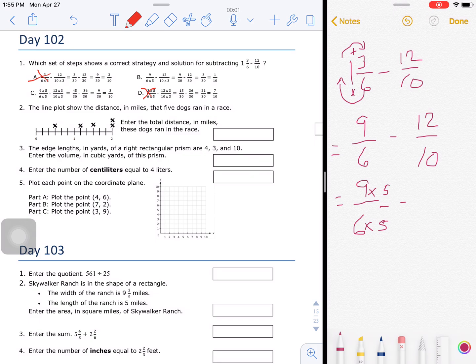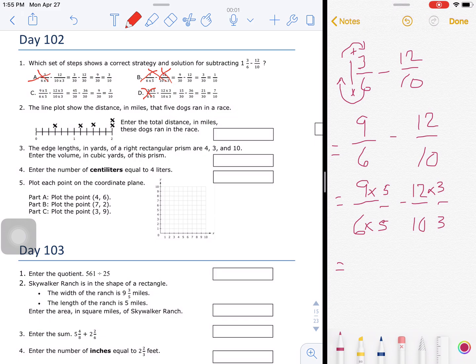And I would make 12/10 into an equivalent fraction by multiplying by 3/3. As I look at my choices here, I see that B cannot be a correct strategy because while it does come up with a common denominator, it does not have an equivalent fraction like C.